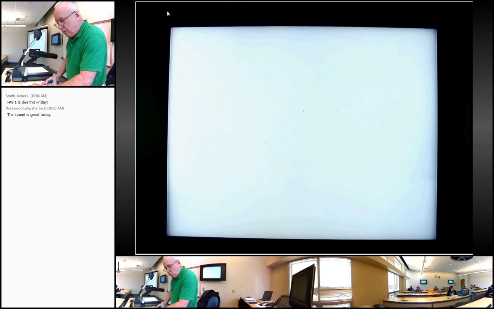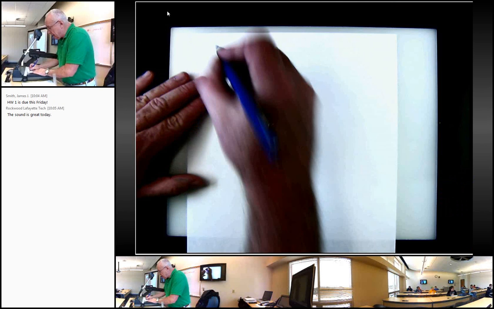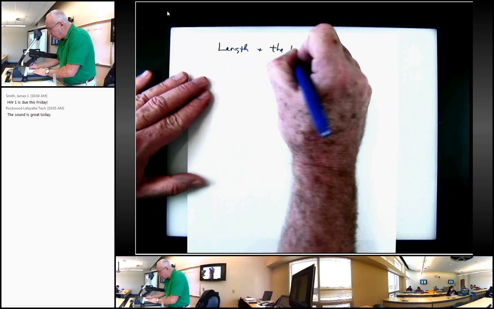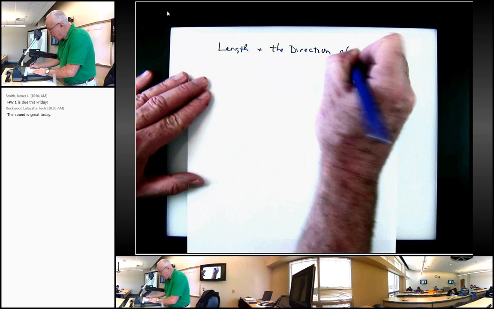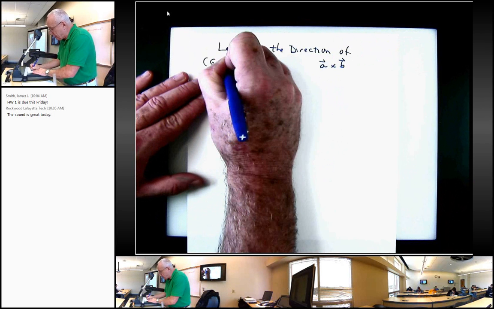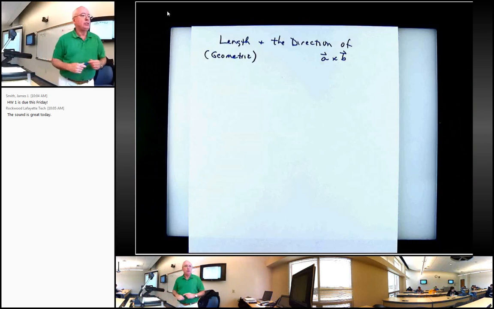And one thing we can get is the length of the cross product vector. So let's look at the length and the direction of A cross B. So this is much more geometric than what we have looked at so far.